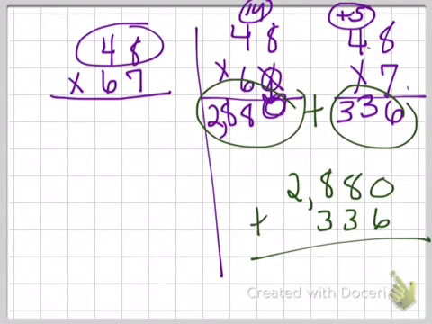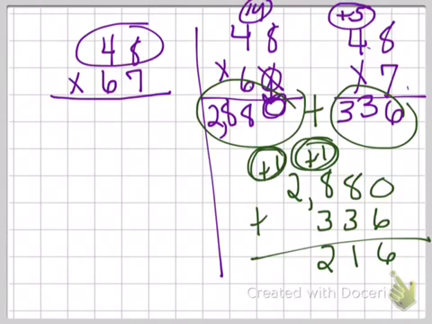Adding them up. 0 plus 6 is 6. 8 plus 3 is 11. Carry my 1. 8 plus 3 is 11 plus 1. Do not forget what you had to carry. 11 plus 1 is 12. Carry my 1 again. Circle it. And then 2 plus 1 is 3. So my answer is 3,216.